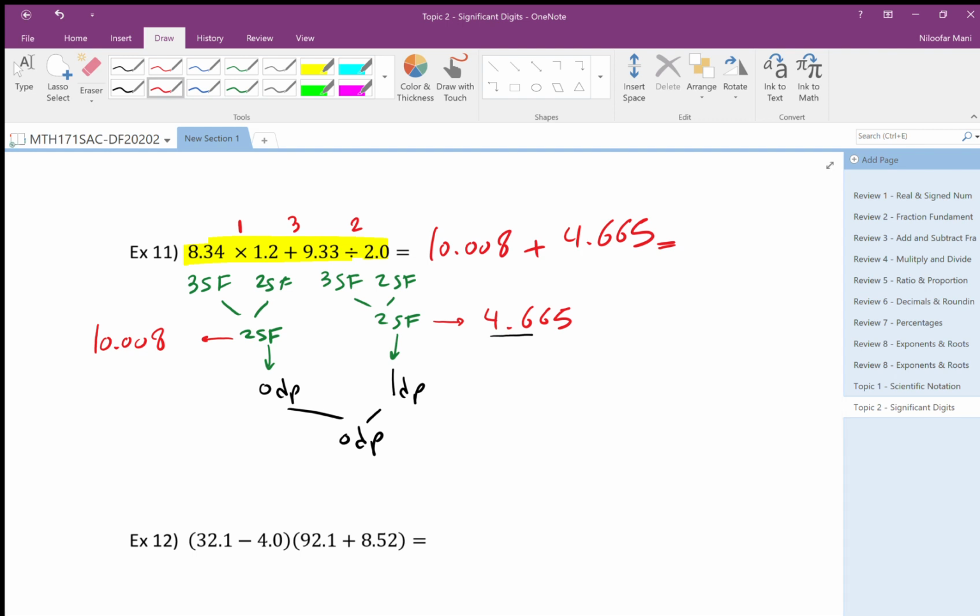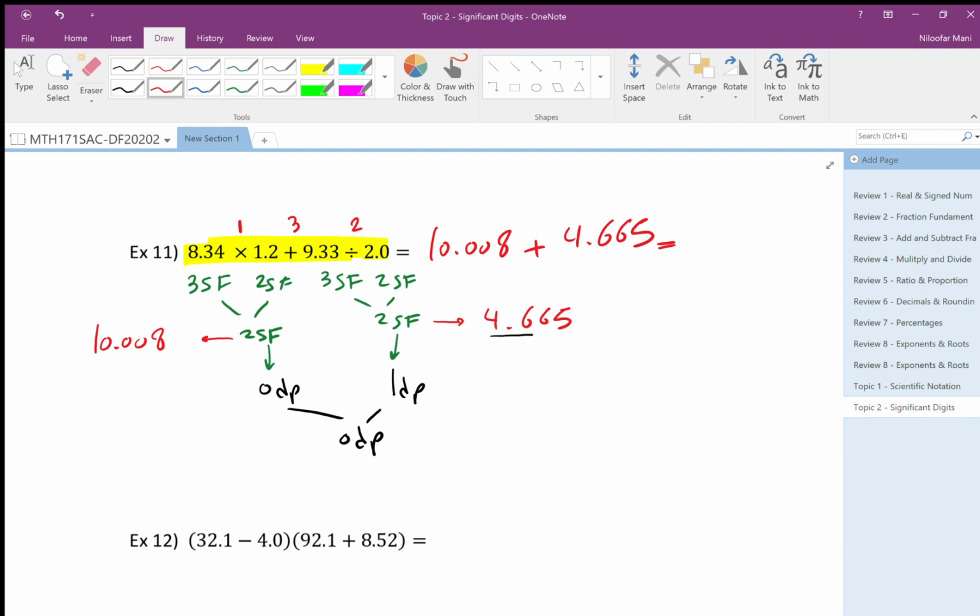So you just look at the question and follow the rounding rules based on BEDMAS. Multiplication first, significant figures. Multiplication next, significant figures. Addition after, decimal places.